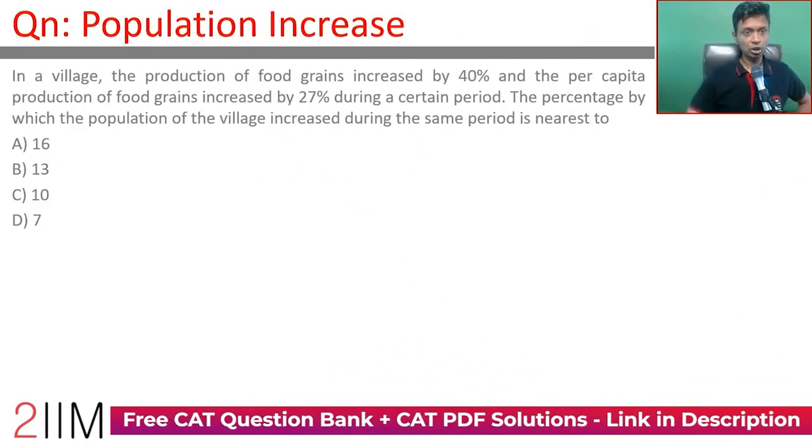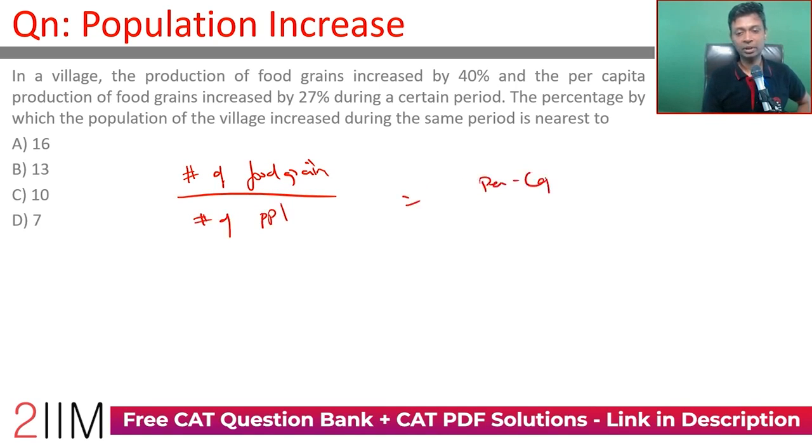In a village, the production of food grains increased by 40% and the per capita production of food grains increased by 27% during a certain period. And so this is number of food grains by number of people equal to per capita.